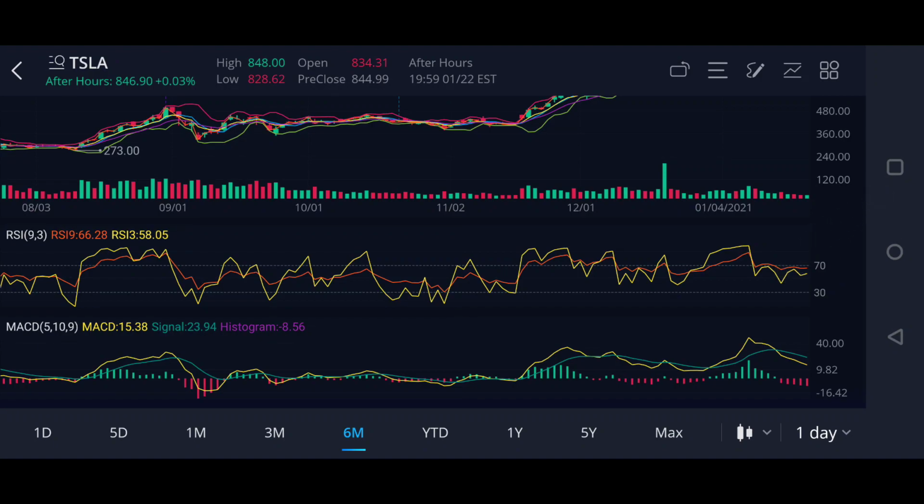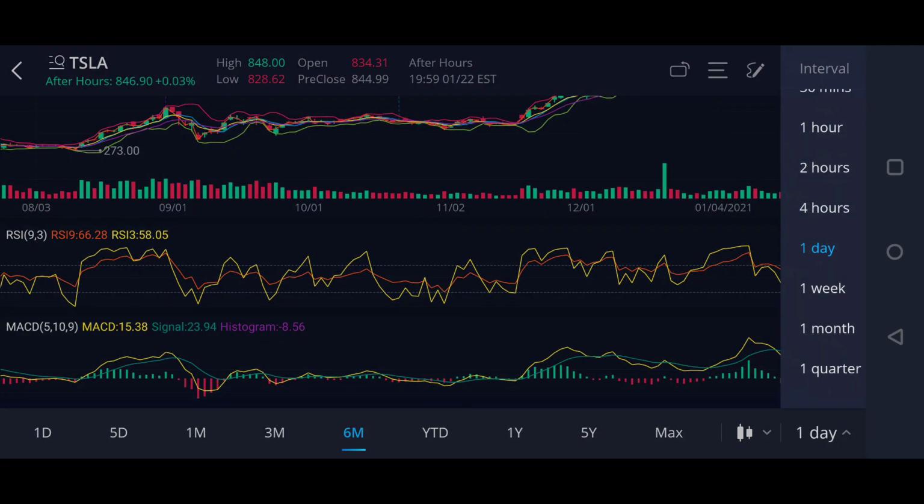In terms of the MACD, the momentum showed a strong negative downtrend that's expected to continue. The RSI, the relative strength index, showed us again a downtrend because the yellow was beneath the orange, but not a strong downtrend.